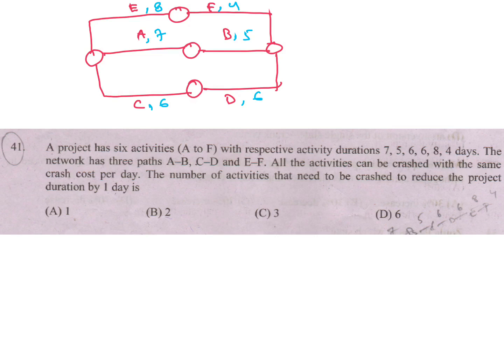So if you do crashing, you have to crash all three paths. So the number of activities that need to be crashed to reduce the project duration by 1 day: all three paths are critical paths. So you have to crash, the number of activities is 3.